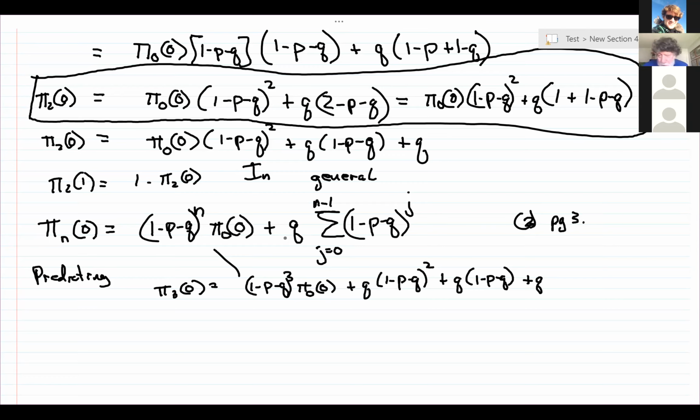The next thing that we'll probably do, I'll do it in class next time, is to take the limit of this as n gets large. Because that'll get you what I mentioned in class a little earlier, the steady state probabilities. And how that works is pretty cool because this is a geometric series. So you might want to review what you know about the sum of the geometric series.